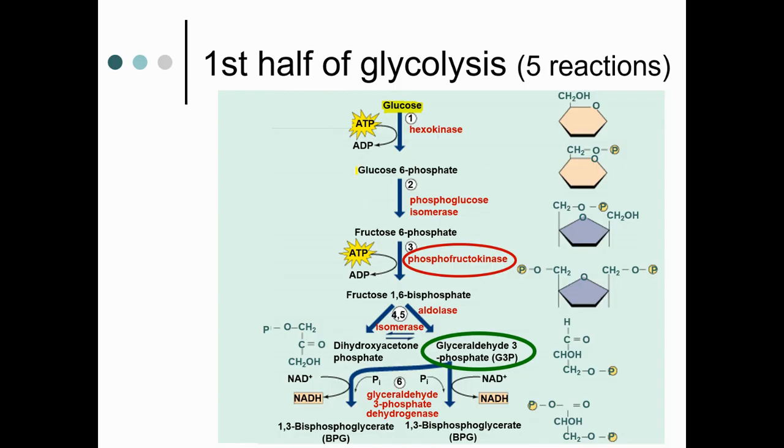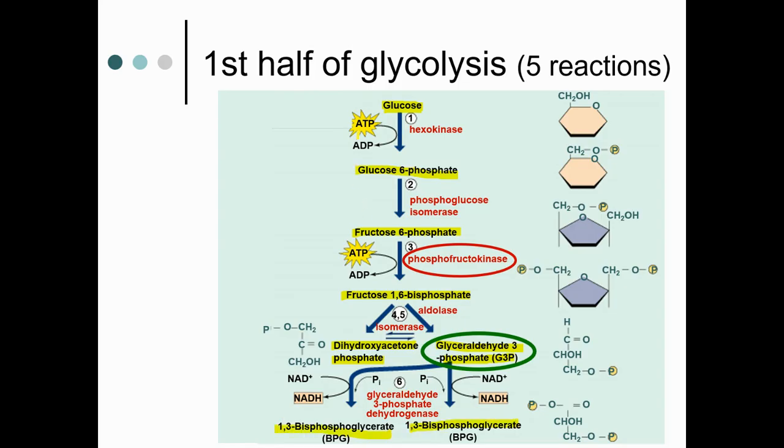These black words here, those are the products of each reaction. So in the first reaction, glucose is turned into glucose 6-phosphate. And then that's turned into fructose 6-phosphate. So these are my products. So one of the things that you're doing on your essay is you are filling out the products of each step. Okay, so this is going to be your first 5 steps.